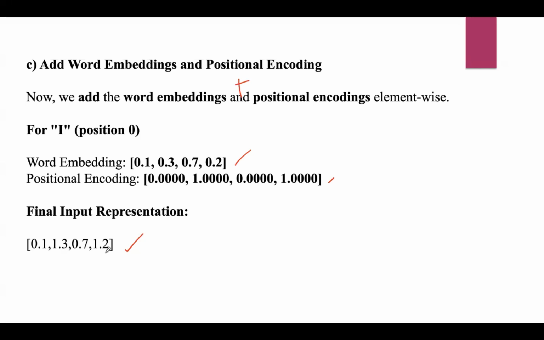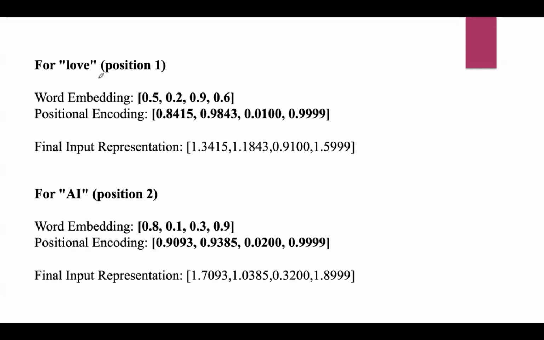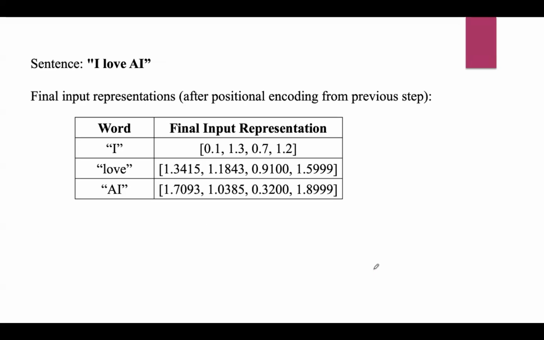Right? Then similarly for the word love, these are the word embeddings and these are the positional encodings, from which we got the final input representation after adding these two. And we do the same for the word AI also. After doing all these things, after positional encoding, this is the final input representation.